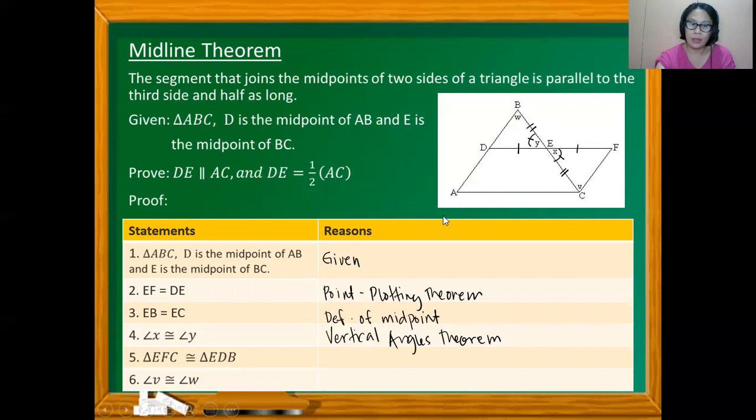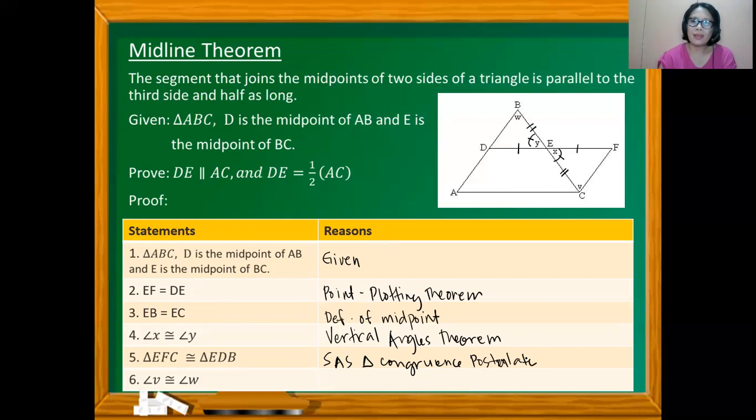Now, we can conclude that triangle EFC, this one, is congruent to triangle EDB. And this is under SAS triangle congruence postulate.